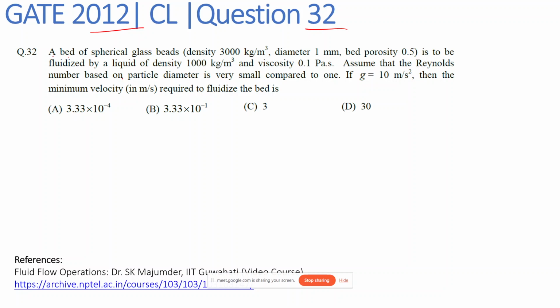Assume that the Reynolds number based on the particle diameter is very small compared to 1. If g is equal to 10 meter per second square, then the minimum velocity required to fluidize the bed is this dash. So in this question, rather than calculating the pressure drop, we have been asked to find the minimum fluidization velocity, that is V_mf.